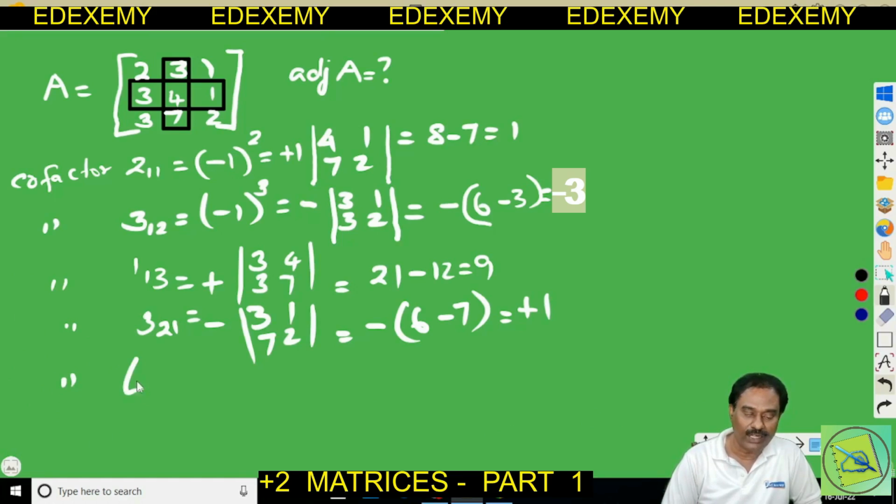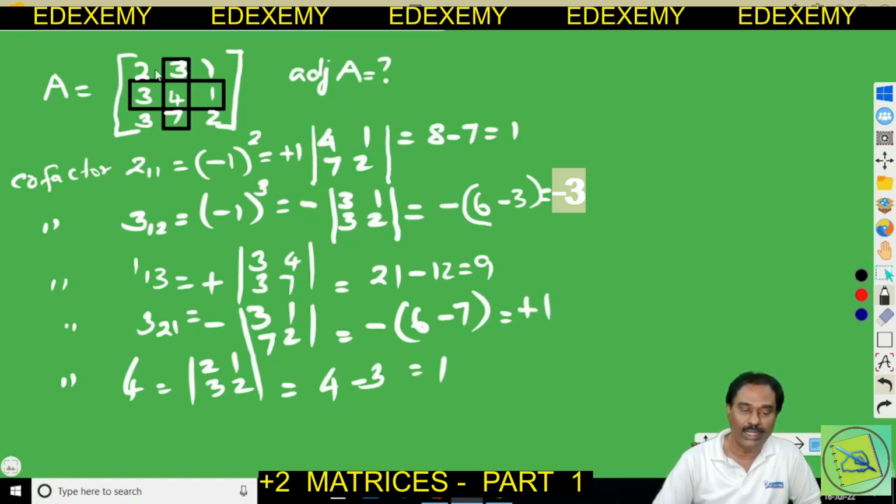The previous one is negative, therefore this one is positive. Therefore, here 2, 1, 3, 2. You put here 2, 1, 3, 2 like this. So the value is 2 into 2 is 4, minus 3, which is equal to 1.